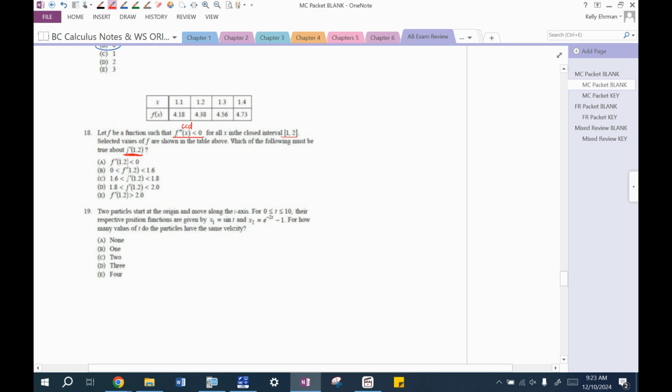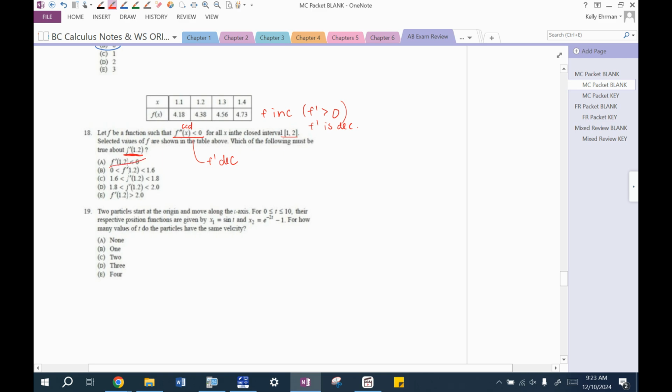So I can see that f, even though we have a concave down section, which means that f prime is decreasing, I can see that the values for f are increasing, right? So f is increasing, which means that f prime is positive. I also know that even though f prime is positive, f prime is decreasing. So what is this telling me? So f prime of 1.2 is less than 0.